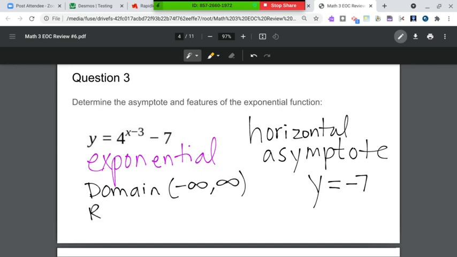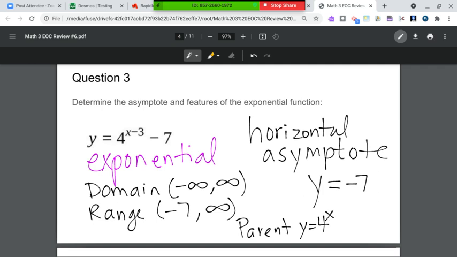The range would be parentheses -7 to infinity. And again, you can plug this in the decimals. You can, absolutely. The parent function is y equals 4 to the power of x. So the transformations would be right 3, down 7.